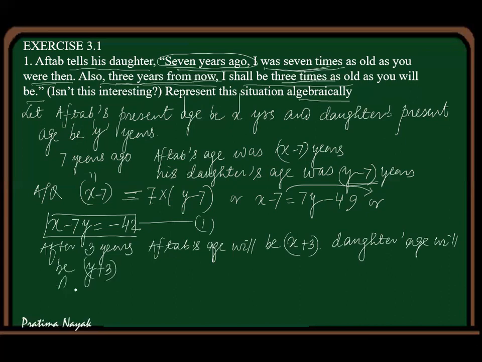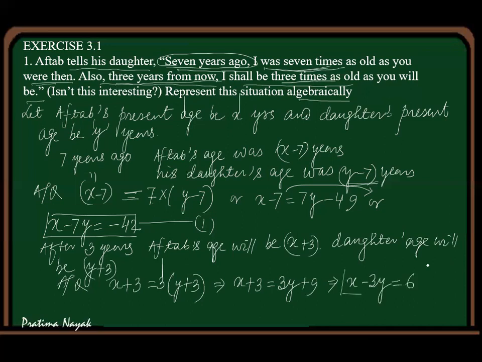According to the question, x plus 3 is equal to 3 times y plus 3, or x plus 3 is equal to 3y plus 9, or x minus 3y, I'm taking x and y both this side, this will be 6. So this is equation 2. We can also write these equations as x minus 7y plus 42 is equal to 0, and x minus 3y minus 6 is equal to 0.